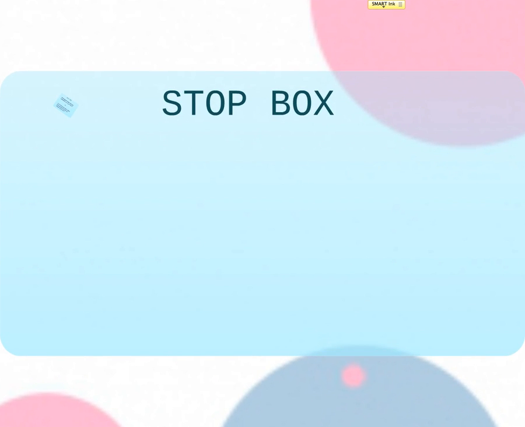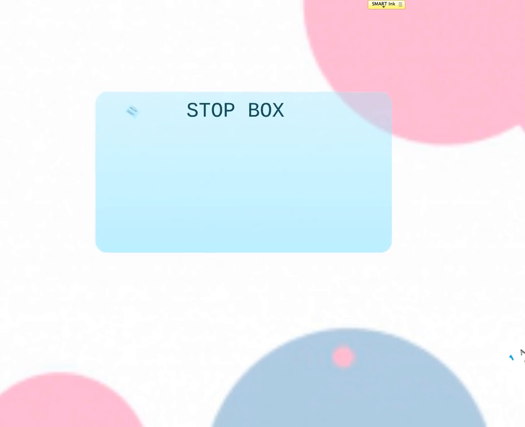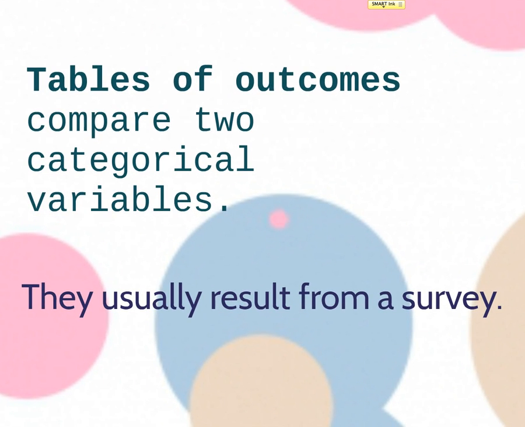Does everybody get their stat box? So tables of outcomes compare two categorical variables.